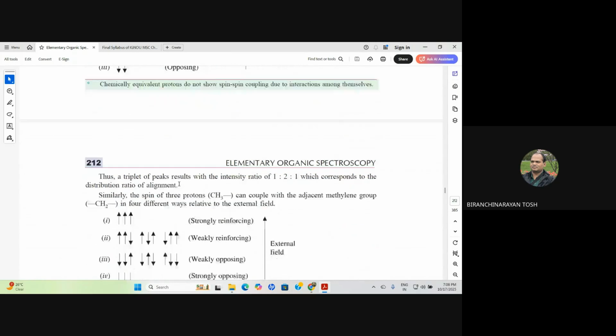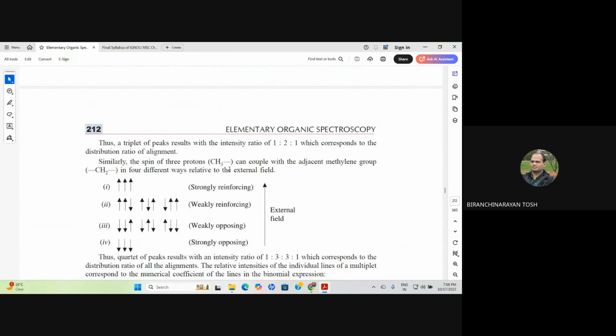Always it will be. Similarly, the three methyl protons may interact with the adjacent methylene group. How will three protons interact? All may be opposing in the same direction, which you can think of as strongly opposing.